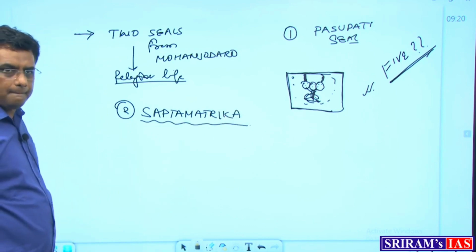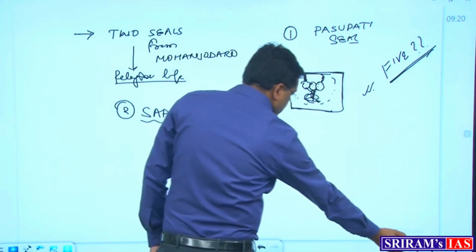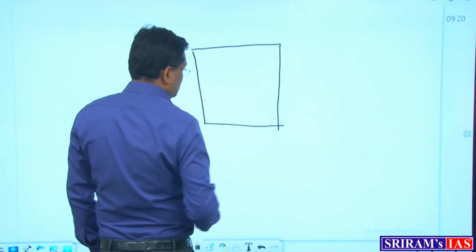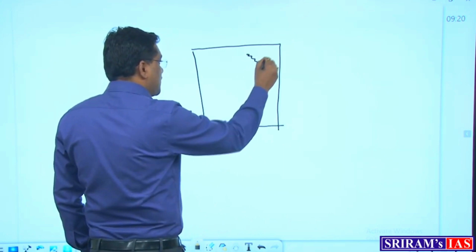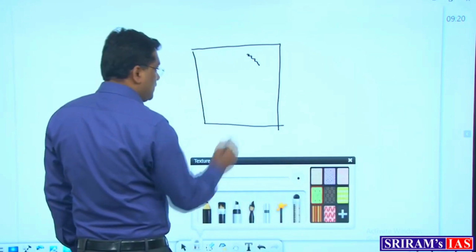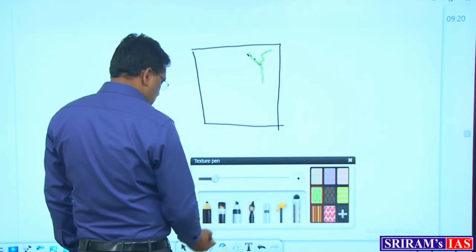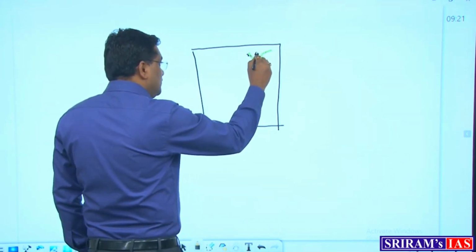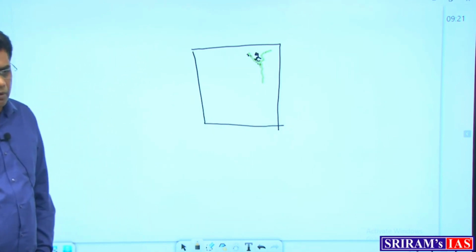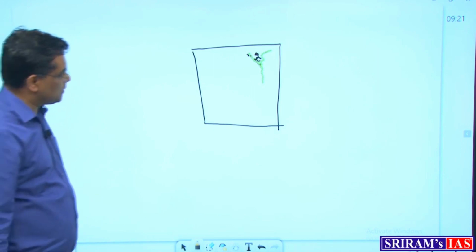In the Saptamatrika seal, there is a peepal tree and a yogi sitting on the tree. This man is always on the tree. Nobody has seen this man on the ground. Paid wale Baba. A very genius Baba.